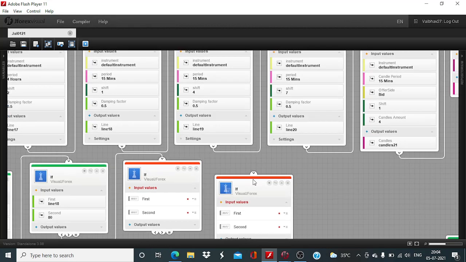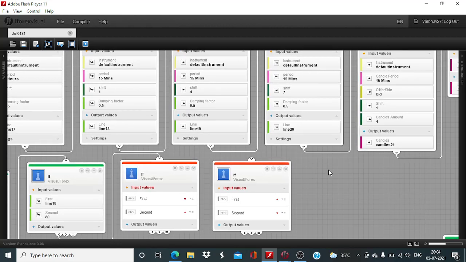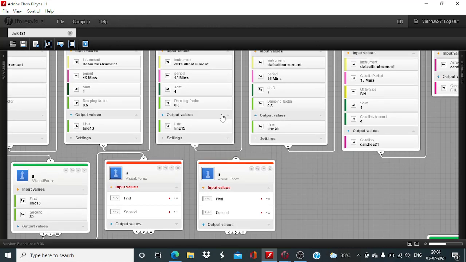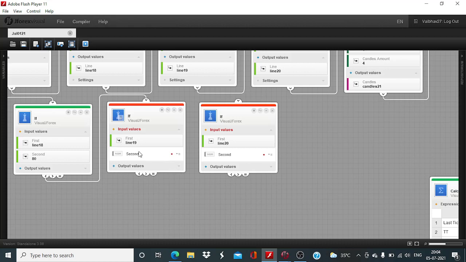And these two, the LRSI output values for the 15-minute time period with the look back period of 4 and 7. This should be exactly at 100. So we will need line 19 and line 20 to be equal to 100.